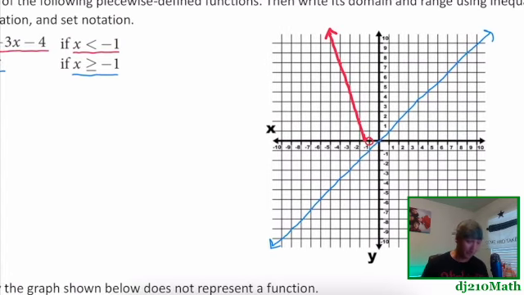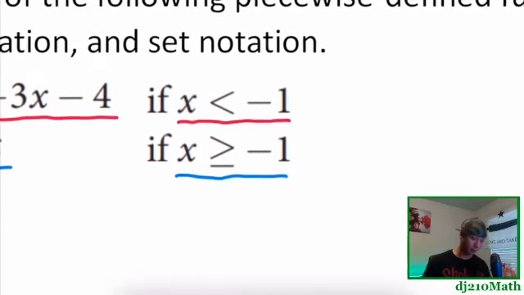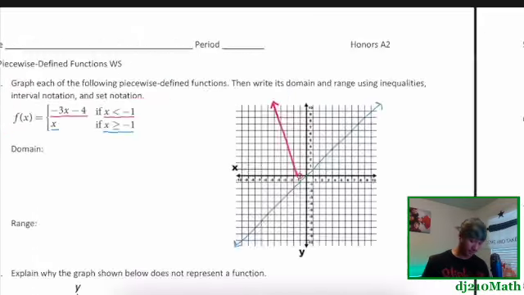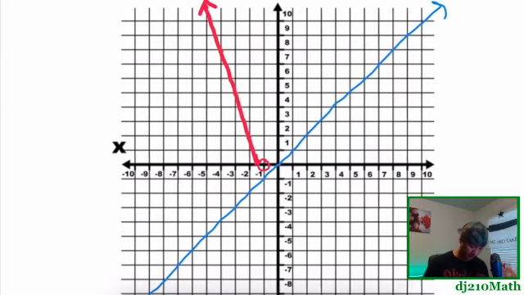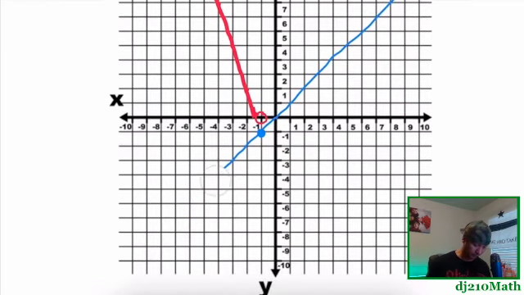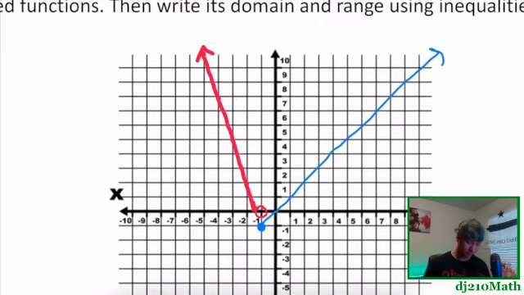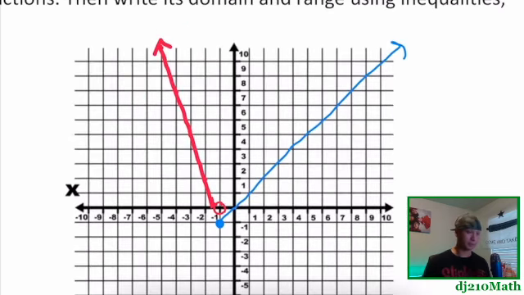We only care about a piece of it, and the piece that we care about is x is greater than or equal to negative 1, so to the right of negative 1. This is a closed circle because it's greater than or equal. And everything to the left, we don't care about. So here's my piecewise function. This is it.